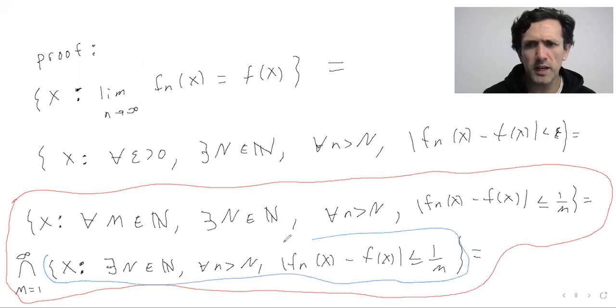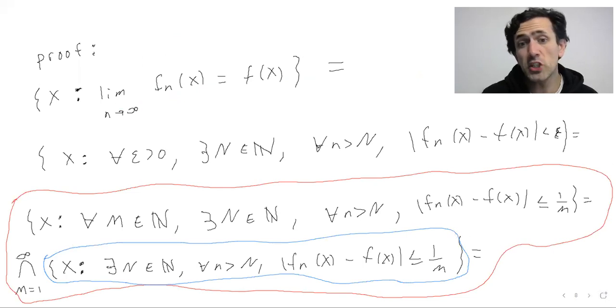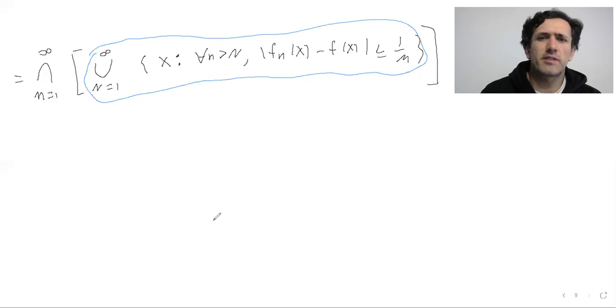So the two things that I'm circling here are going to be equal for each fixed m. And again, that should not be too bad. Both of them are saying basically x is in this set for at least one single n.